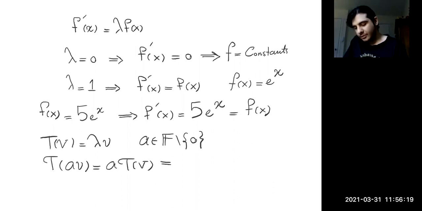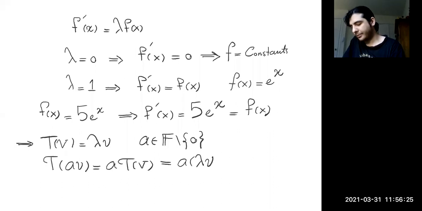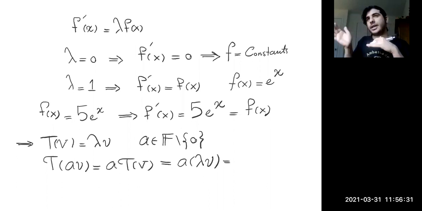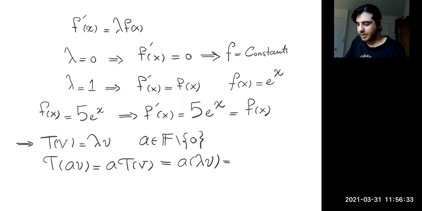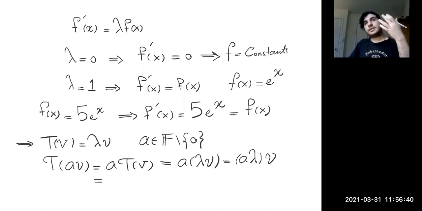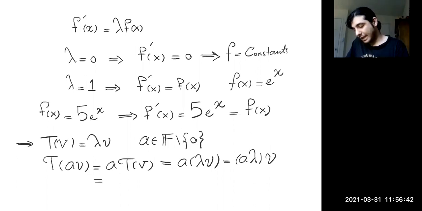And we are assuming v is an eigenvector with eigenvalue lambda, so Tv is equal to lambda v. But on the other hand, remember, over a field and a vector space, a times lambda v is equal to a times lambda times v. And because we are in a field, the field is commutative. So a lambda is equal to lambda a times v. And again, this is equal to lambda times a times v.